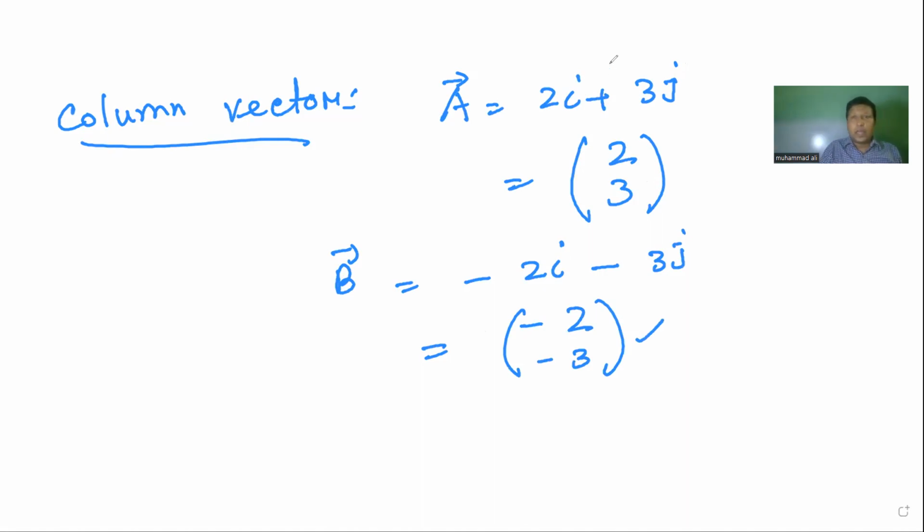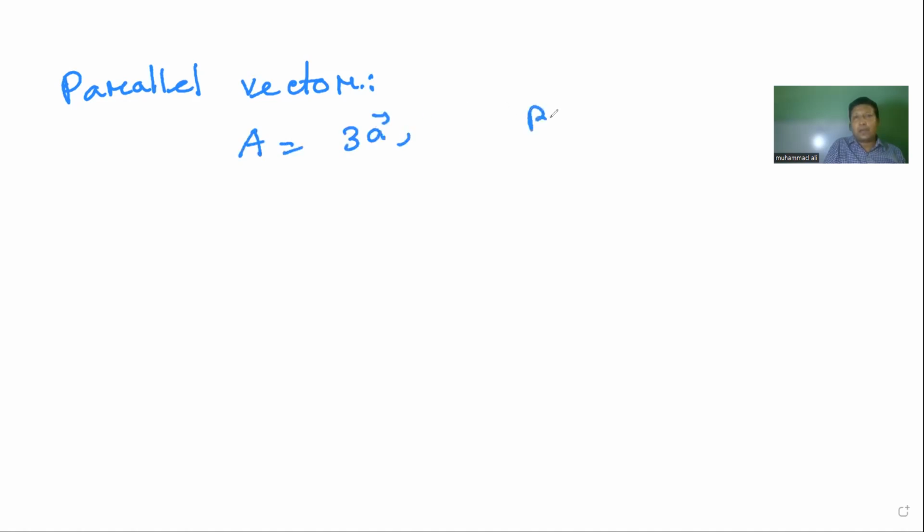Another most important part is parallel vectors. Like a vector equals 3a and b vector equals 6a. So for 6a, if we multiply 2 into 3a, instead of 3a we can write a vector.